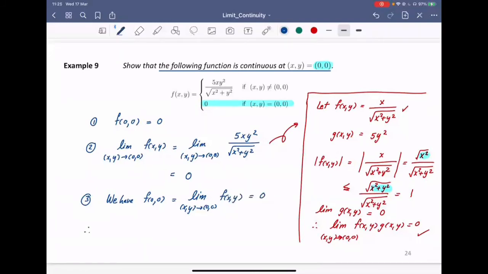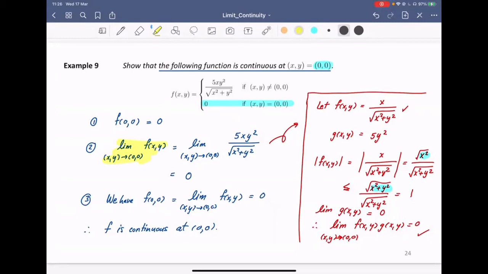So to sum up, f is continuous at (0, 0). You can see that checking continuity at a point is not hard. I mean, the concept is not hard. The hard part is that you need to compute the limit inside the continuity check, and that's going to give you a hard time. Does it make sense?